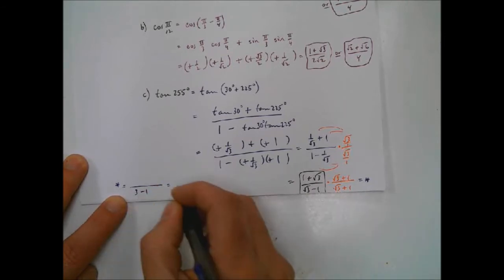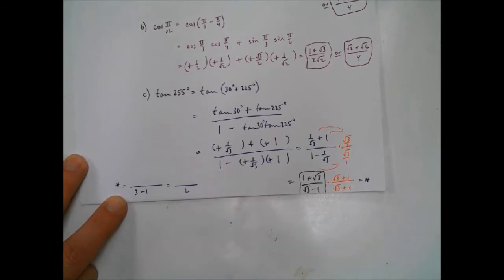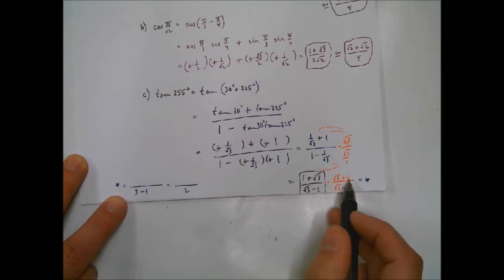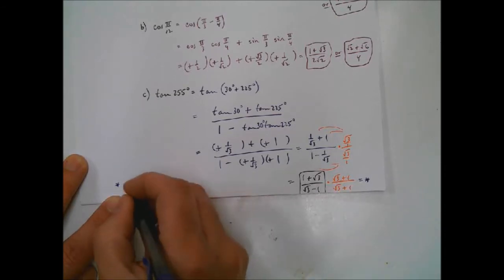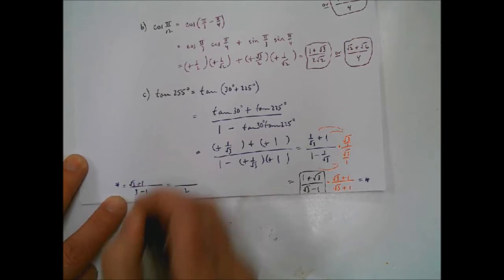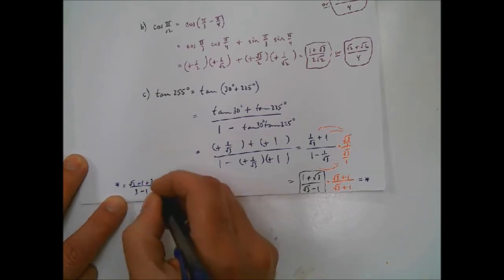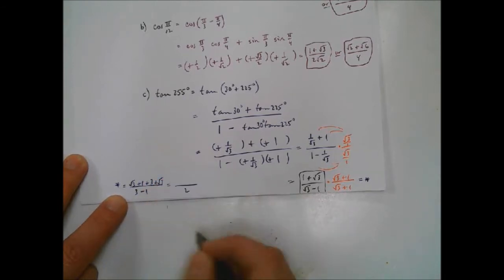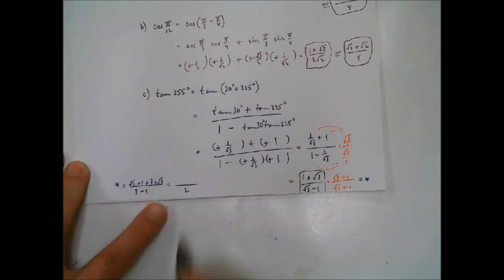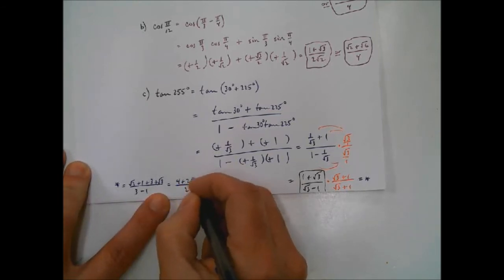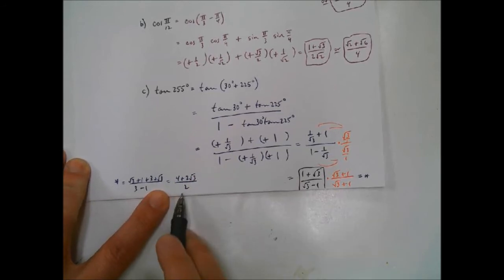So the denominator is going to be 2. Up top, we get 1 plus root 3 times root 3 plus 1. So we get root 3 plus 1 plus 3 plus root 3. So we have 4 plus 2 root 3. Now, 2 goes into both of those evenly.